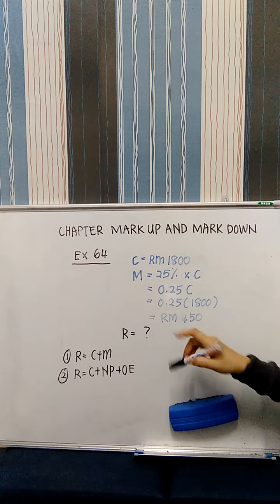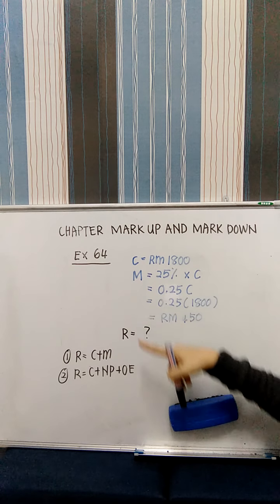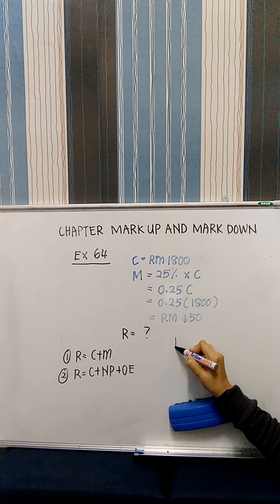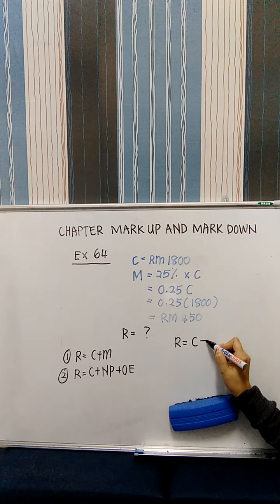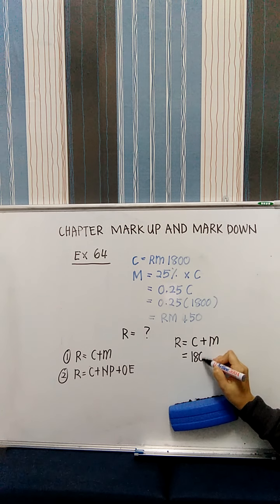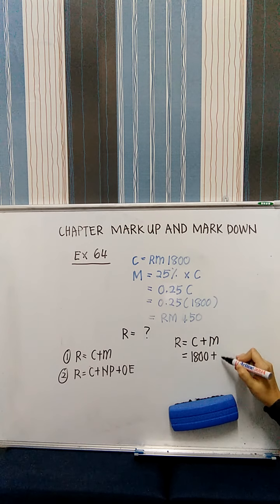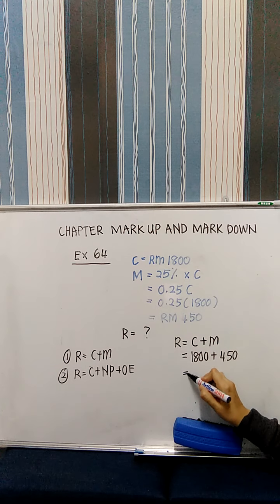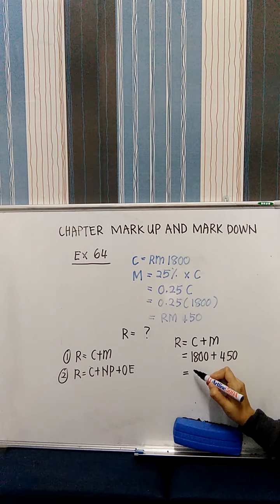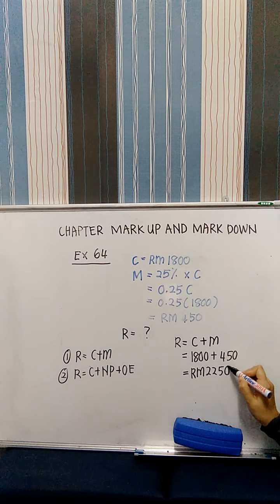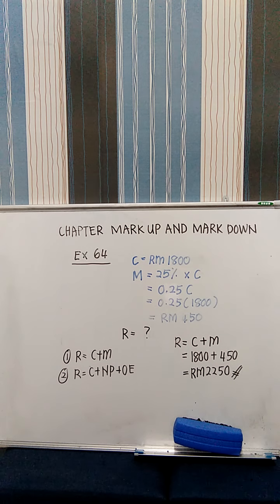In this case, you have C and you have M here, so you can use formula 1. To find the R, R equal to C plus M. So the C is 1800 plus the M is 450. The retail price or selling price is RM2250. Okay, this is for example 64.